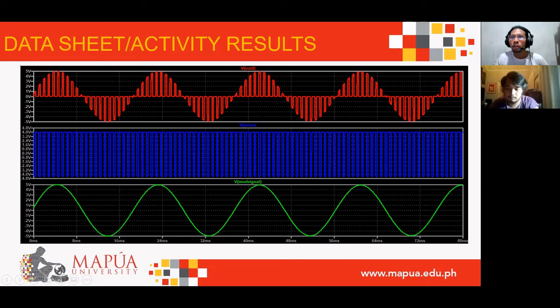So the positive and negative peak amplitude in pulse mode is varied by the modulating signal. The resulting signal of the two input analog signals is still an analog signal.